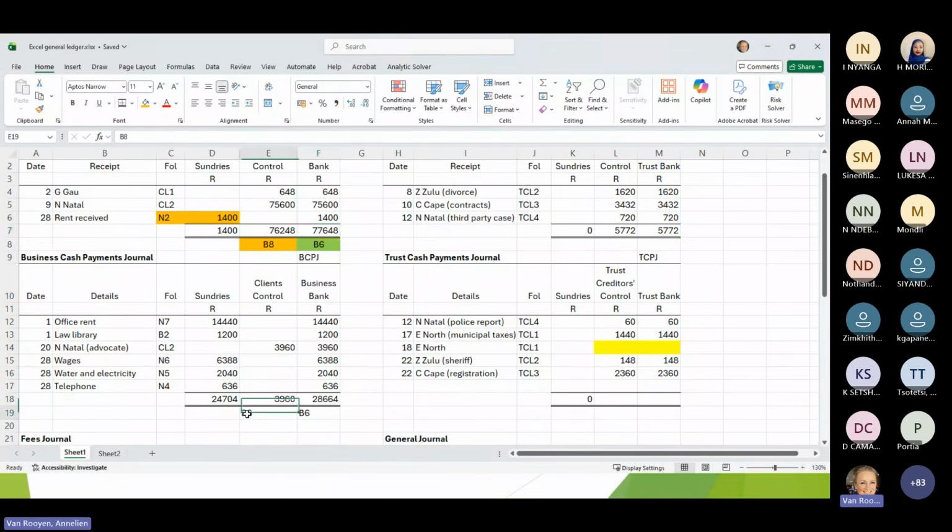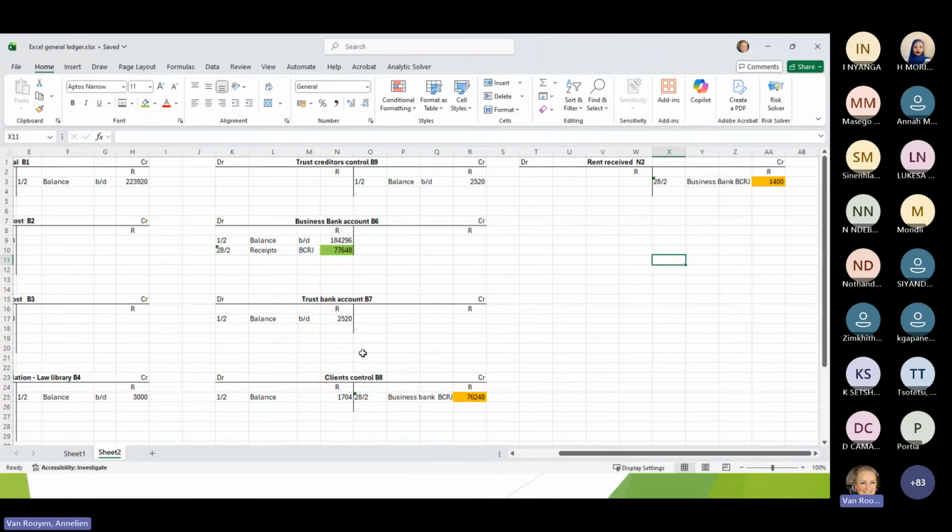Okay, we said B6, 28664. It goes to the business bank account. On the credit side, why on the credit side? Because it was money going out of the business, so our bank decreased, so it must be on the credit side.